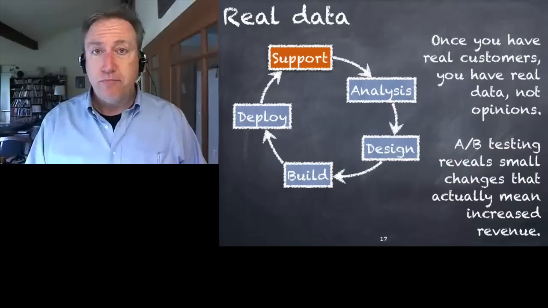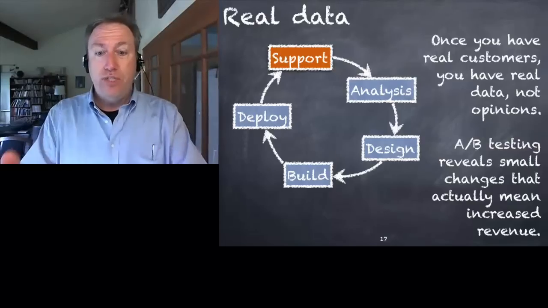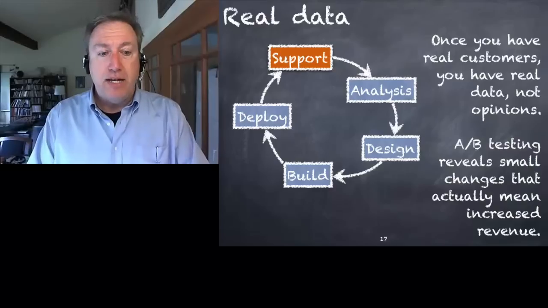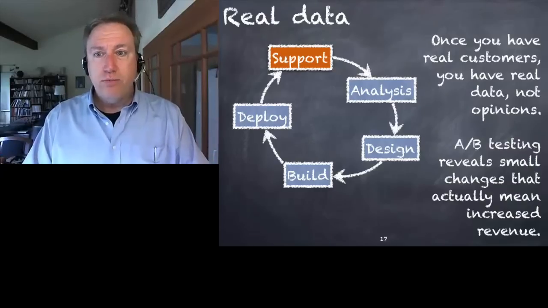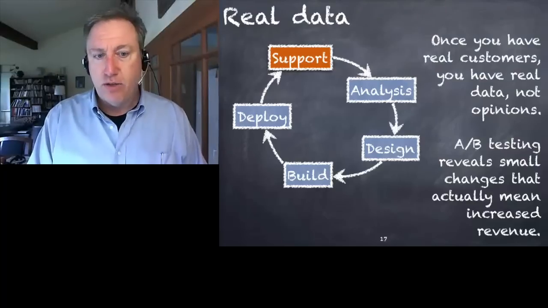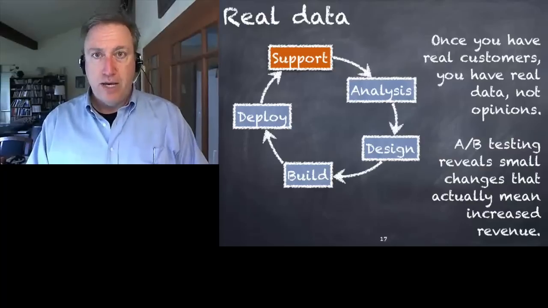There's a special form of this called A/B testing, where you actually deploy two different versions of the same page, for example, and you see which one works better, which one does the customer end up succeeding with, or which one causes them to actually buy something.